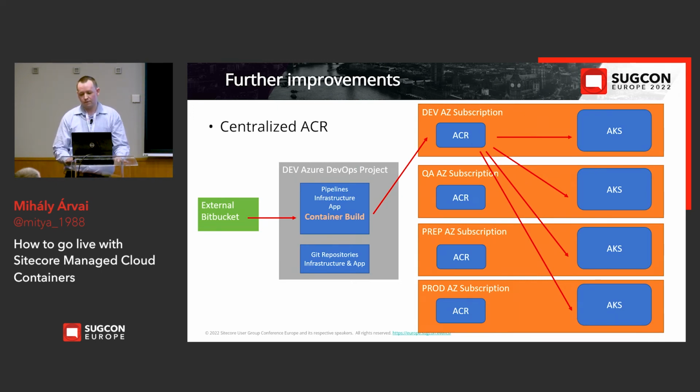So after that service principal configuration, the Kubernetes services from other subscriptions were able to pull the images from the development environment subscription. So now we have a kind of single source of truth for container images, and we only have to maintain 1 container registry.